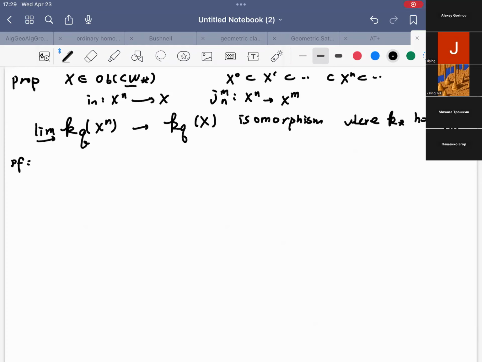Here we use something called the telescope. First, we construct the telescope by the smash product.